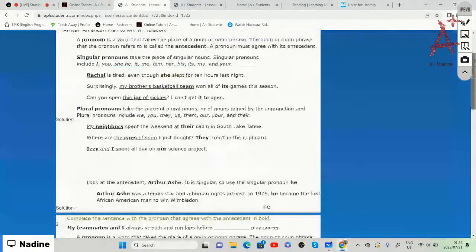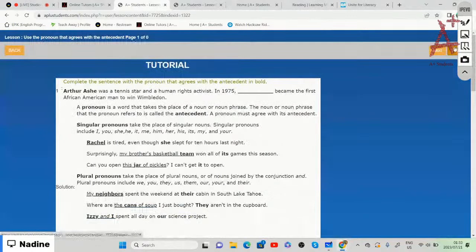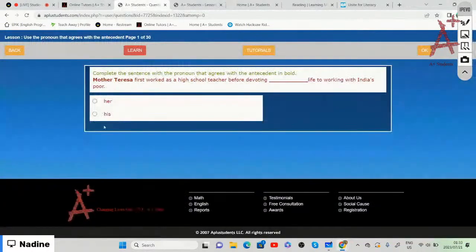All right, let's do a test, right? Now we're going to do a test to see if we are able to use the pronouns that agree with the antecedent. It says that we need to complete the sentences with the pronouns that agree with the antecedent in bold.